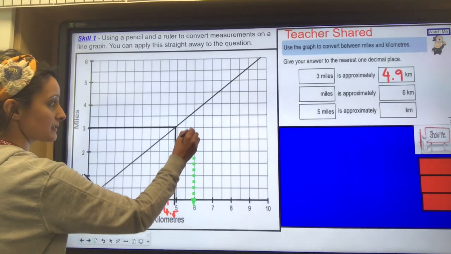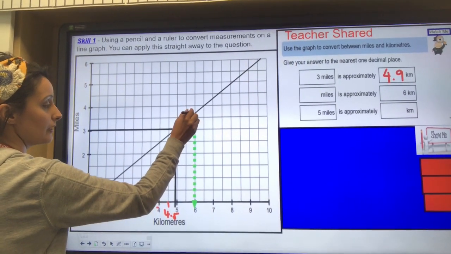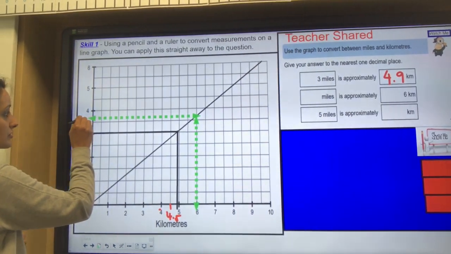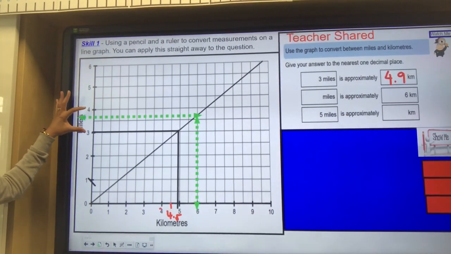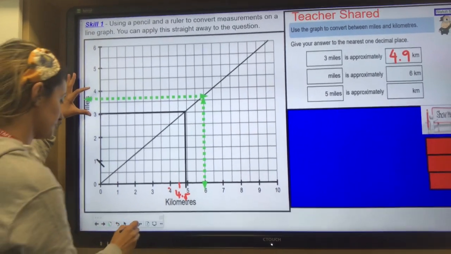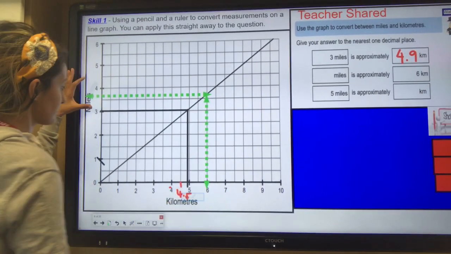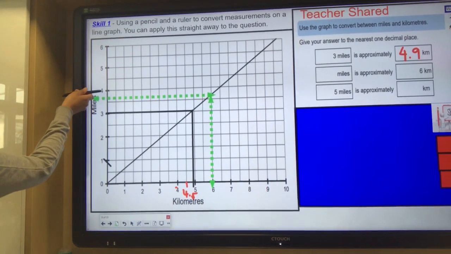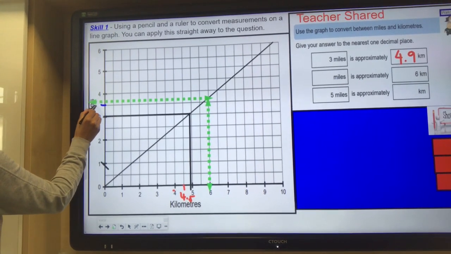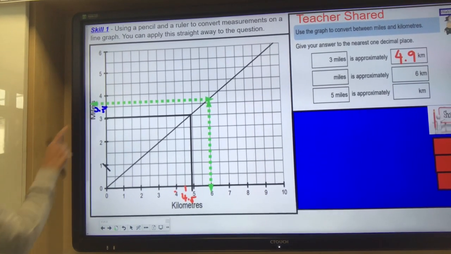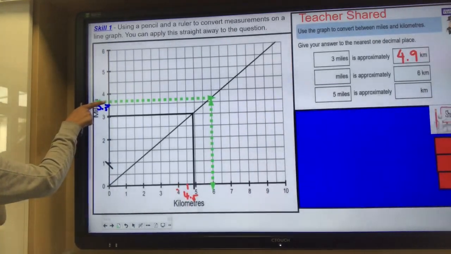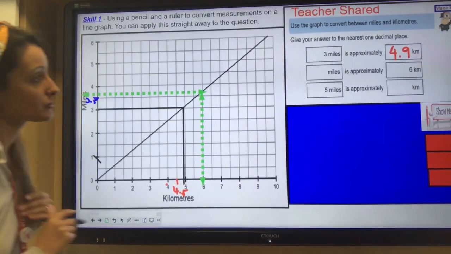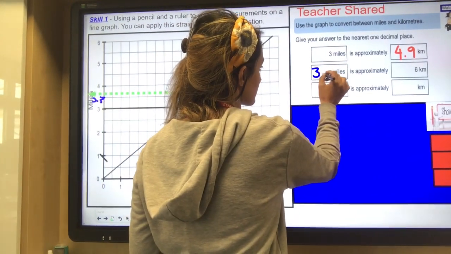I go right up until I hit that line graph here, okay? Once I hit that line graph, I then go across, and I'm looking, where does it come between? All right? Now, if I have a look here, here's my 3, here's my 4, here's 3.5, which is halfway between it. About 3.6, 3.7, I would have said. Yeah, okay? I'd agree. So here, we'll have 3.6.